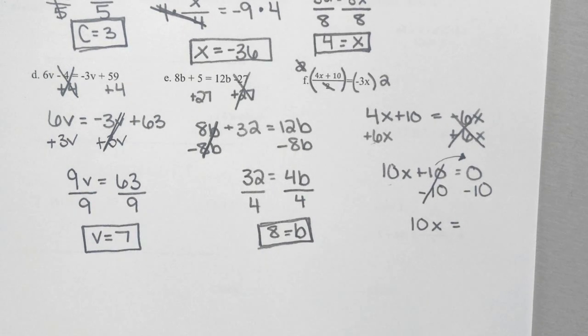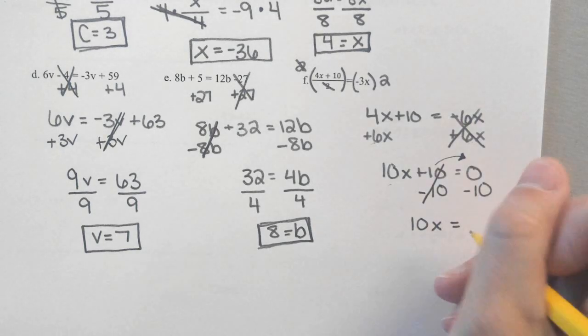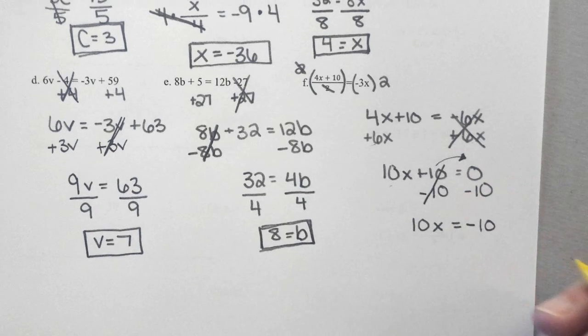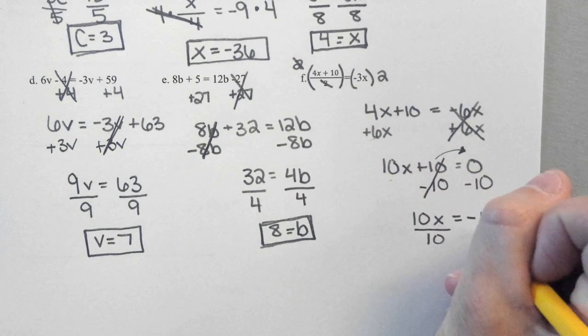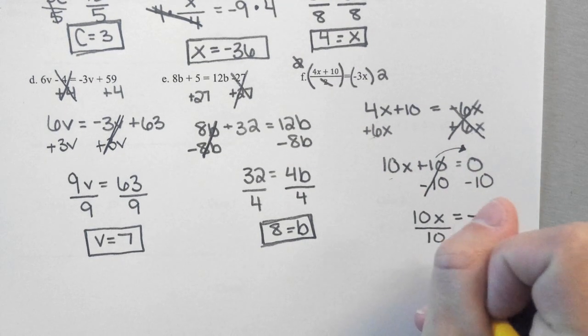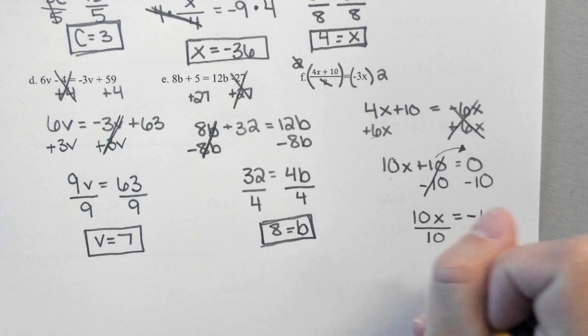It winds up being an extra step for you guys if you get it to equal 0. What most of you are doing is you're keeping everything on both sides. Both sides are staying occupied. But the mistake that we're making is we're looking at 10x plus 10, and we know that it equals 0, so now we're just dividing each side by 10, and that gets us the wrong x value.